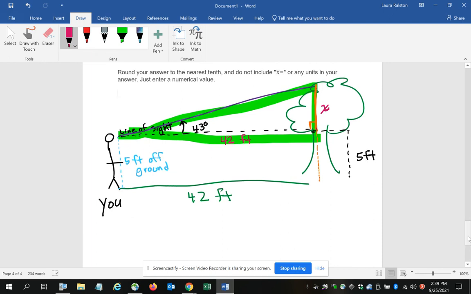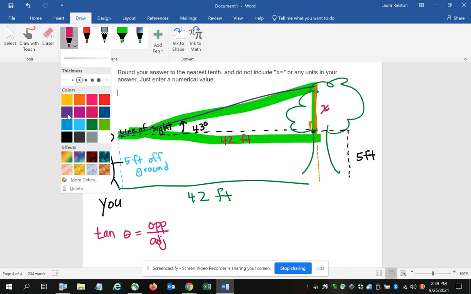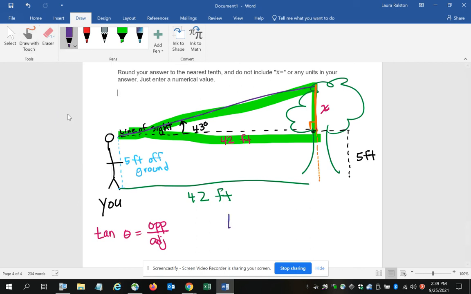So again, opposite and adjacent, I'd have the tangent of theta is opposite over adjacent, which gives me the tangent of 43 degrees is x over 42.